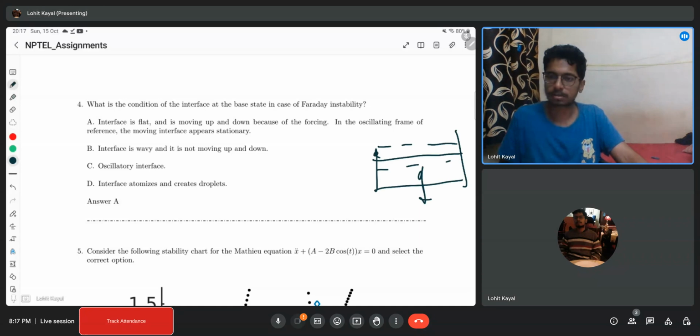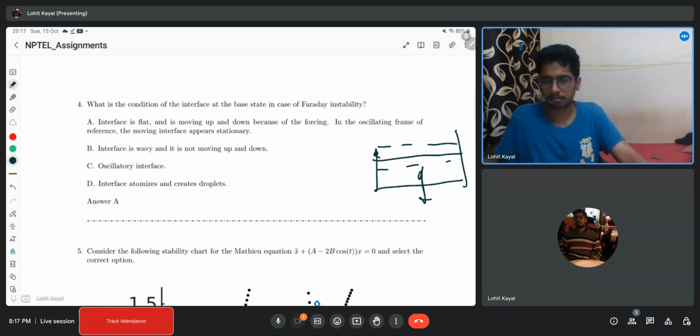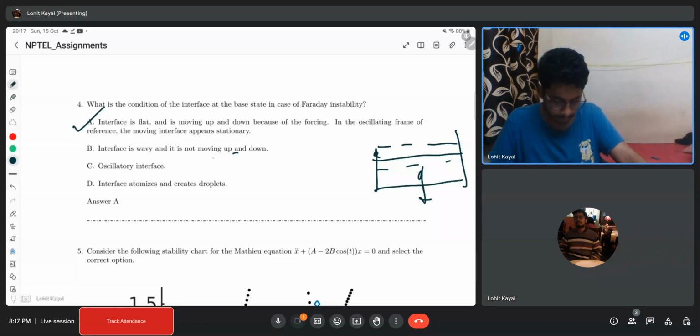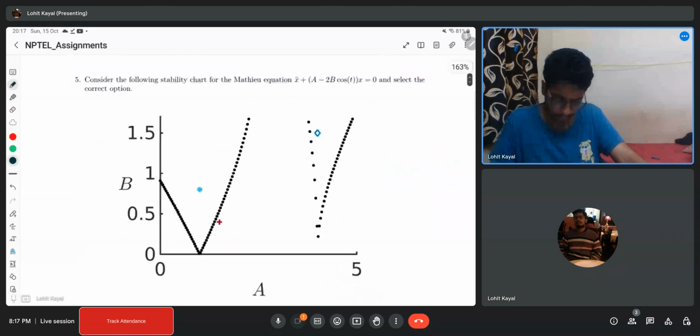Now if you are sitting on this interface, on this reference frame, you will just see that nothing is happening. So option A is correct. Option B, interface is wavy and not moving up and down: wrong. Oscillatory interface: wrong. Interface atomization creates droplets: no, wrong.